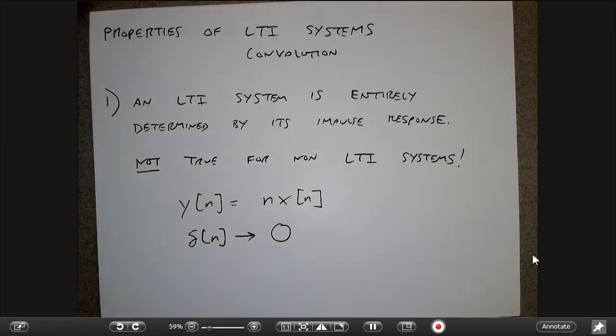For example, I could put the step function into a system, find out what the step response is, and as long as I know how to decompose my arbitrary input in terms of step functions, I could characterize things with the step response, in a similar way to how I do it with the impulse response. That's an important and useful fact to know.